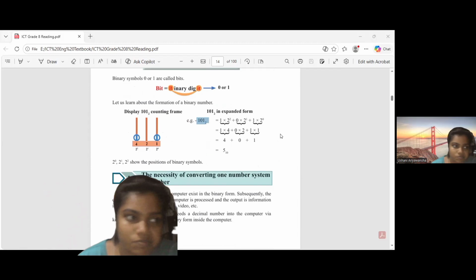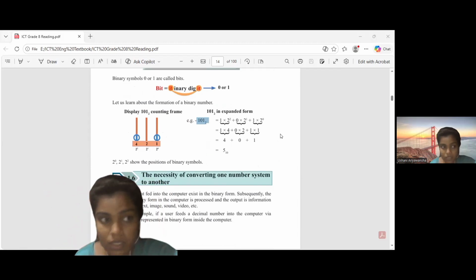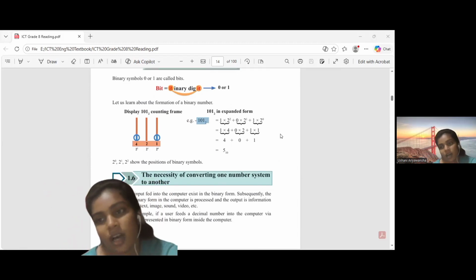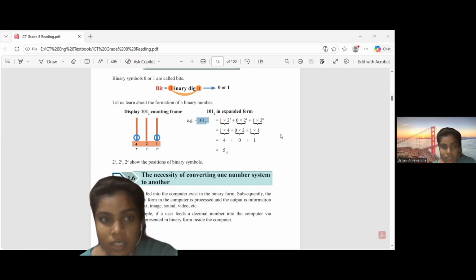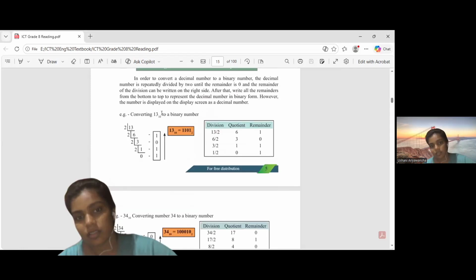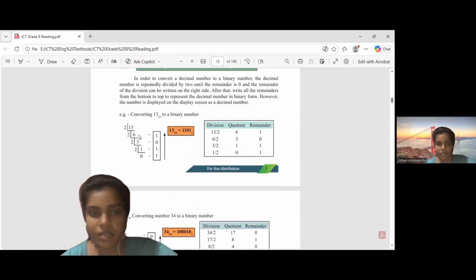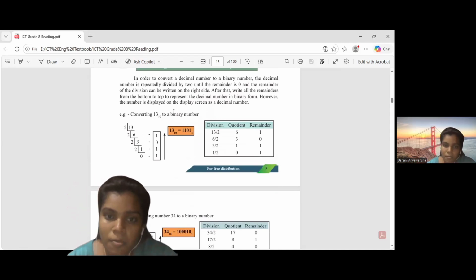Now let's learn how to turn a regular number like 13 into binary, decimal to binary conversion. So, what is the base of the binary number now? 2, right?